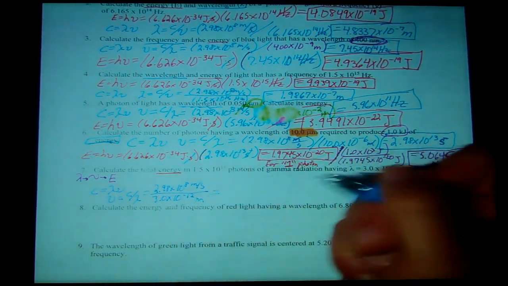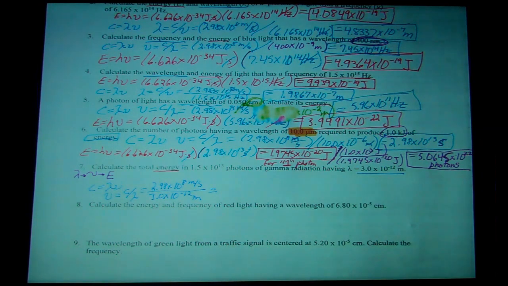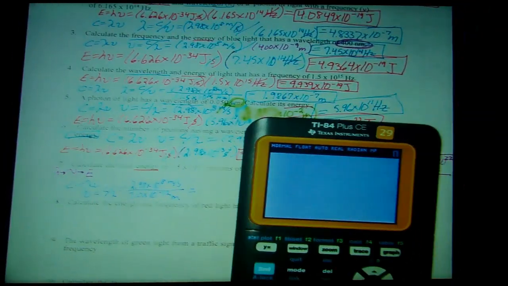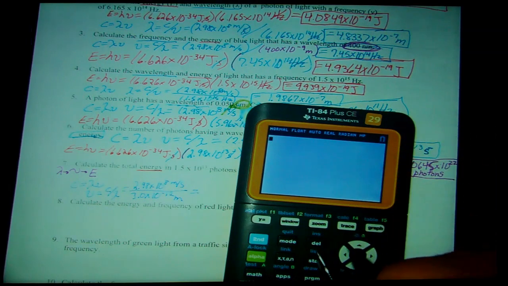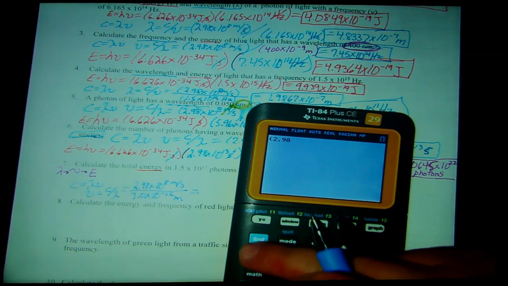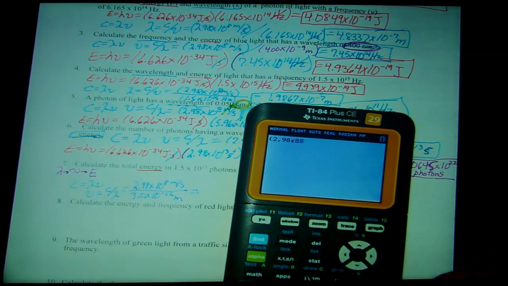And that'll be equal, so type that in the calculator. So you can see how this is supposed to look: 2.98, remember the E, in parentheses, divided by 3.0, second, and that comma right above the 7 gives me the E, negative 12.